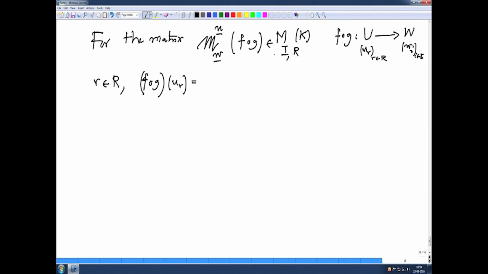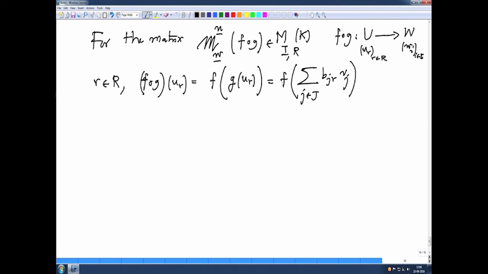The first indexing set is where a vector space goes in. So I have to compute this in terms of the matrix of F and the matrix of G. By definition, first you apply G. So F of G of U_R, but I know how to write G of U_R, that is F of the summation over J in J of B_JR V_J.